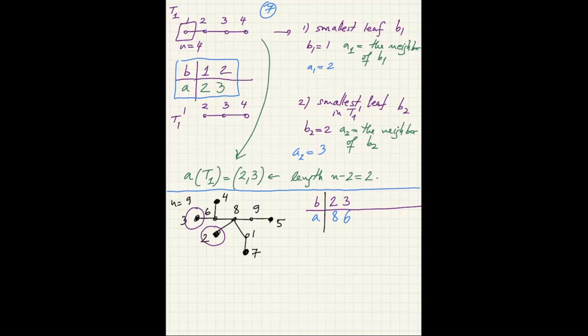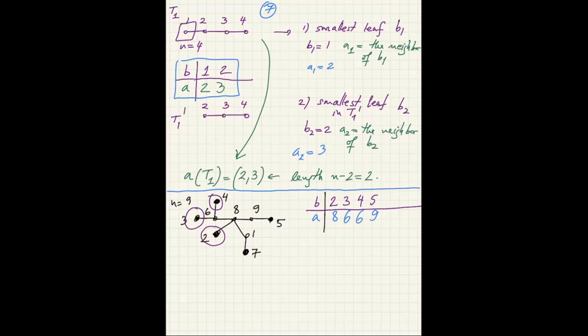That's its neighbor. The next leaf is 4. So that's 4. And what is its neighbor? It's also 6. And then we have to be a bit careful because now 6 has become a leaf, but we have 6, 5 and 7 as leaves, so 5 still is the smallest, and its neighbor is 9.